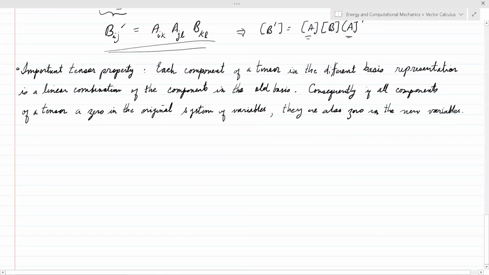Okay, so each component of a tensor in a different basis representation is a linear combination of the components in the old basis. Consequently, if all components of a tensor are zero in the original system of variables, they're also zero in the new system of variables. And that's very easy to prove.